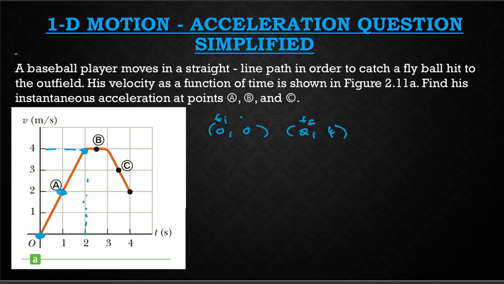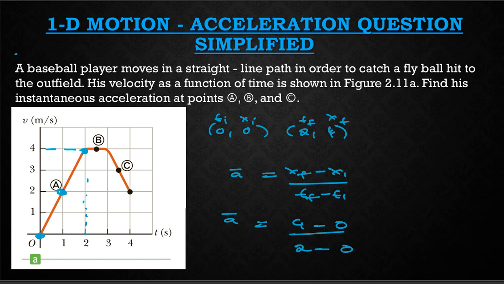We have our v initial and our v final. So the instantaneous acceleration there is going to be our v final minus v initial over our t final minus t initial. Our v final is actually 4, our v initial is 0, our t final is 2, and our t initial is 0.